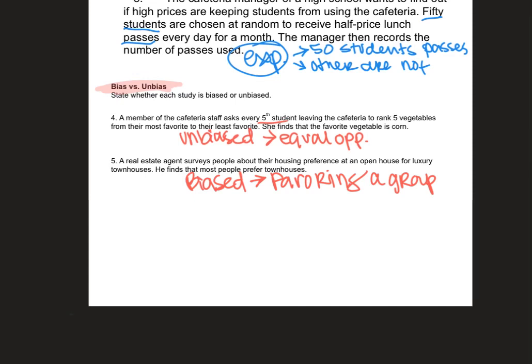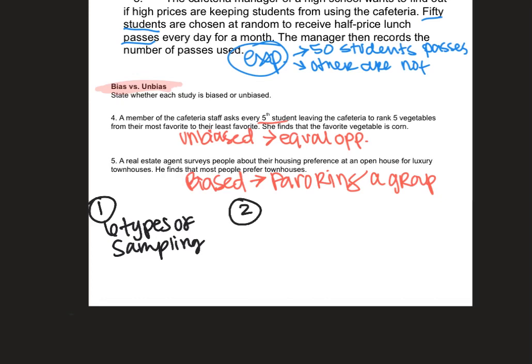And then I'll give you another question that says, which type of sampling is this statement below? So you're going to have your 6 types of sampling. Okay, so you're going to see that on your test.